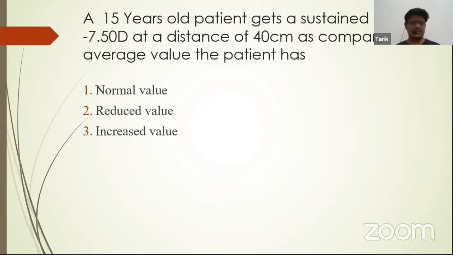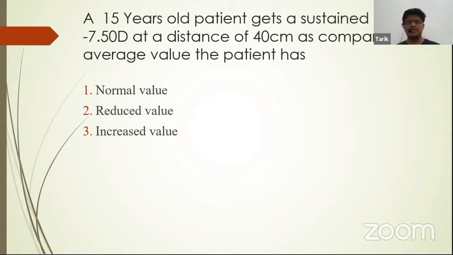Just to add something, someone asked about what is the normal range of NPA. The normal range of NPA depends on the age. As I already said, it is an age dependent factor. So you just convert it into the form of amplitude of accommodation and see if the person is having a normal accommodation or not. There is no fixed value that you can state.